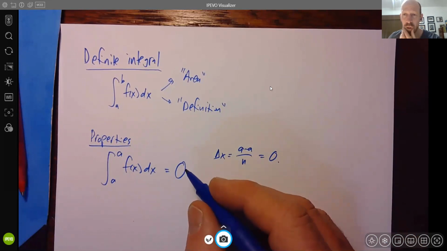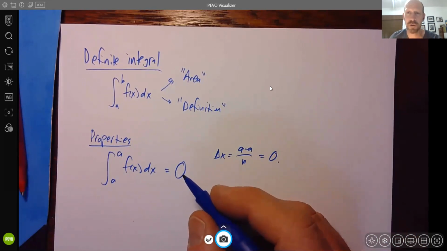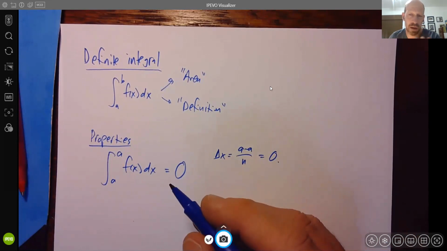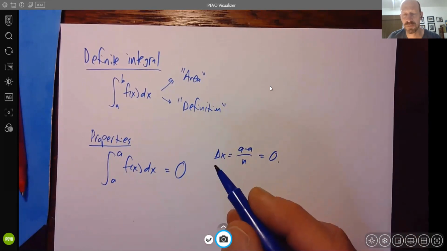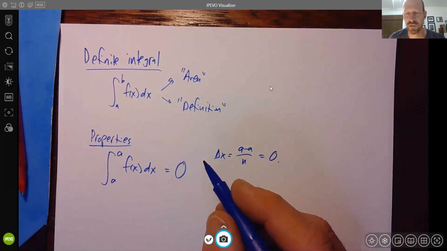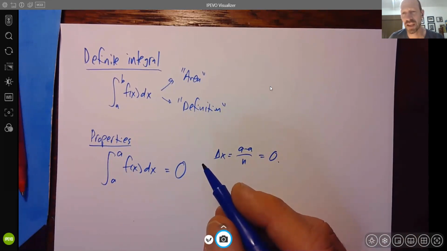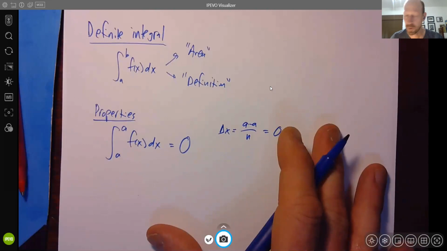A lot of these properties you can figure out or have some intuition about, and that's helpful. But you can also just remember them as properties. So if I see the integral from A to A, I automatically know that's 0. I think a lot of people remember that by thinking in terms of area: I don't move anywhere, which means I'm going to get 0 area.